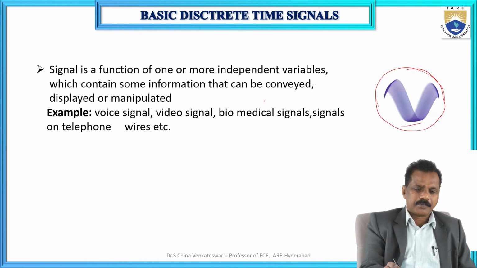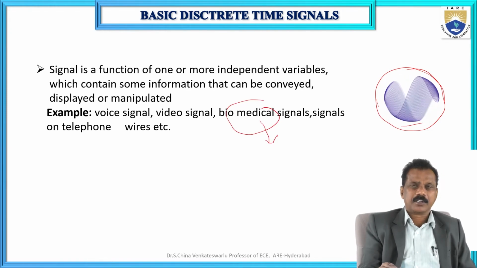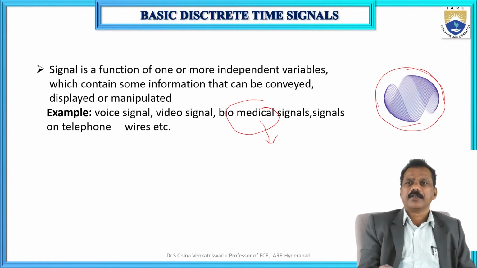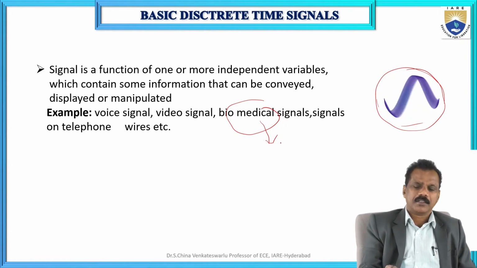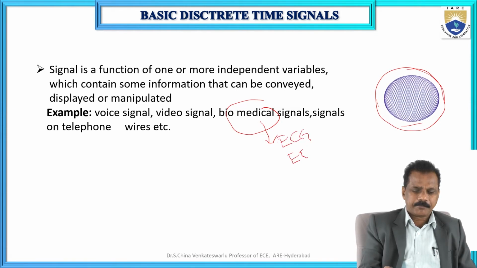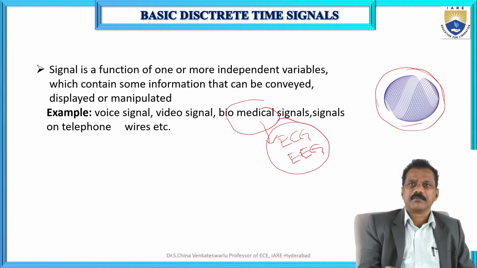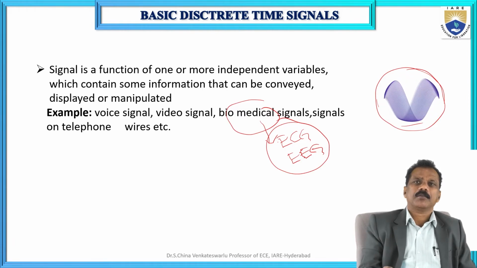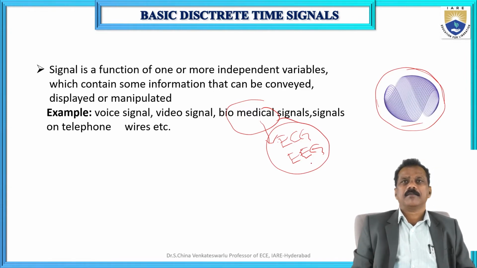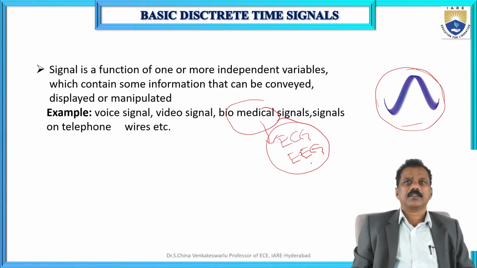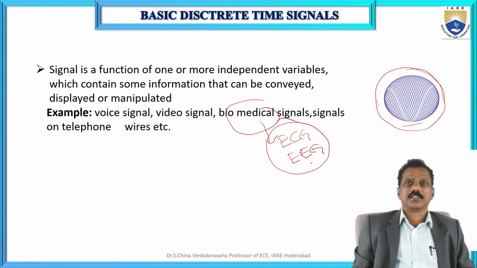Like biomedical signals, we already know that in the present COVID scenario, wherever we go, everybody has awareness of ECG or EEG and so on. Also biomedical signals, telephone wires and so on. These are all real-time things. At that time we try to verify how these signals are involved with the discrete time signal and so on.